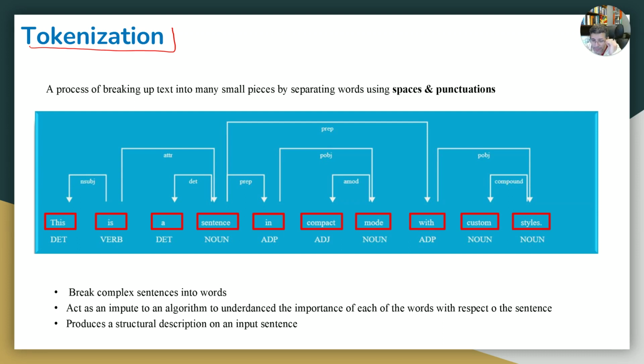So for example, this is a sentence in a compact mode with a custom style. We split that into tokens. Once we tokenize, then we are going to look for punctuation.